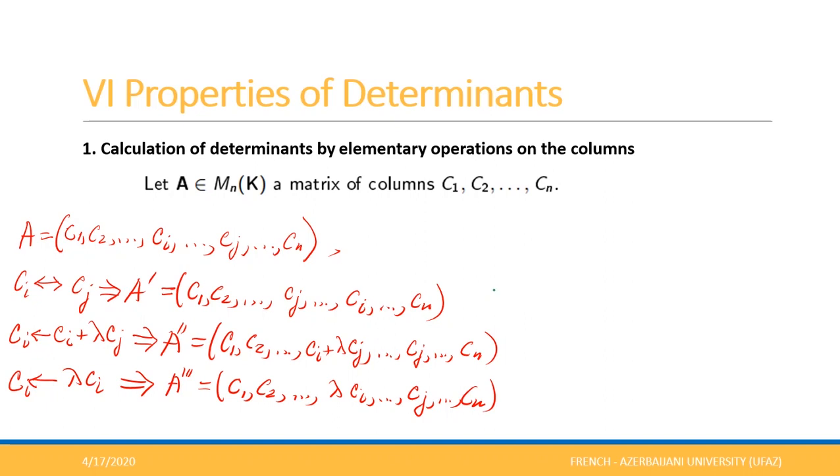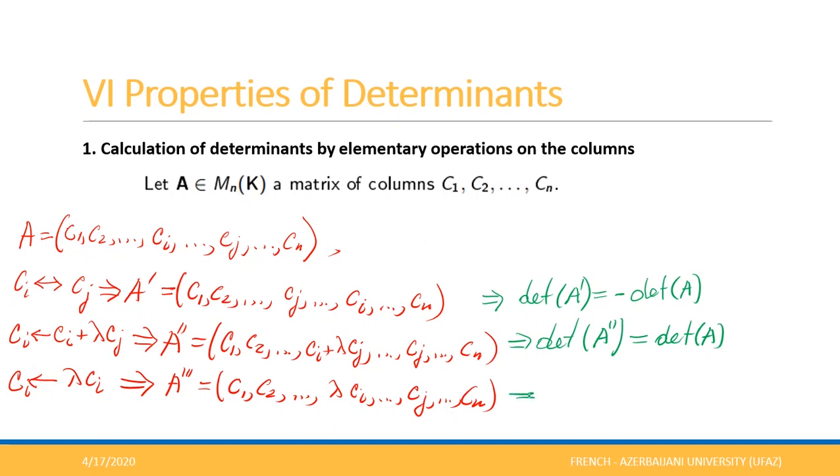From the basic properties of the determinant, we know that the determinant of A prime will be minus the determinant of A. Here, the determinant of A2 prime will be the determinant of A. Here, the determinant of A3 prime will be lambda times the determinant of A. Then from here you see the determinant of A will be minus the determinant of A prime.